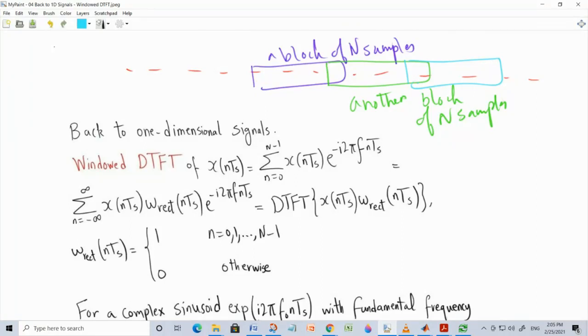So this is very important: to be practical, you need to deal with a finite number of samples. This is also important because signals are in reality non-stationary. Their characteristics, their properties, change over time. And so you want to process the signal over a duration of time such that the signal over that duration has some fixed properties.